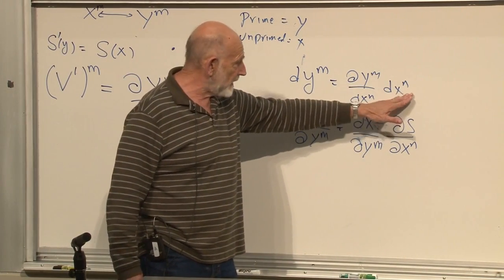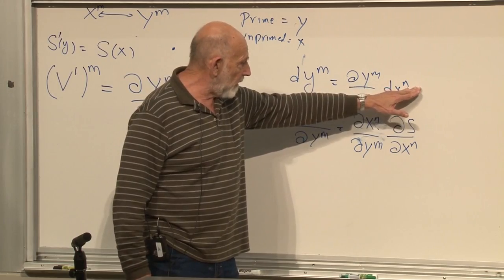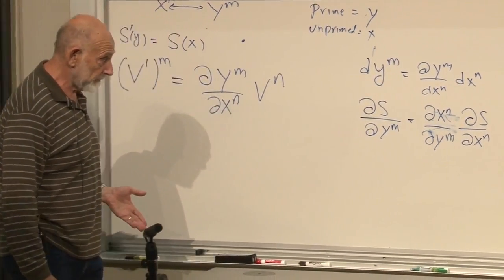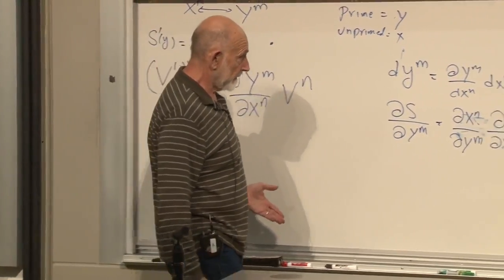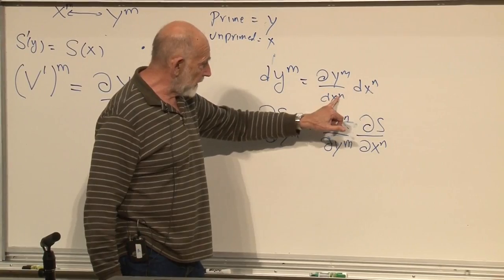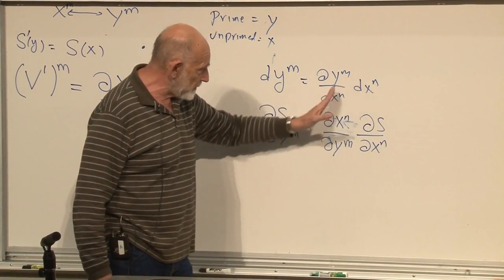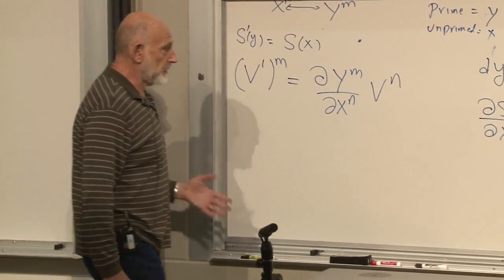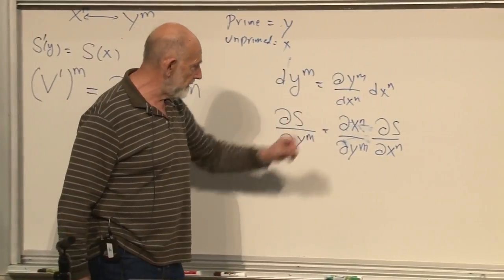Of course I'm going to have a dx^n. A dx^n upstairs has to be balanced by a dx^n downstairs. And you'll get familiar with this. You're allowed to contract indices, one upstairs and one downstairs. And you can see the pattern. You can see the symmetry of this relationship here.